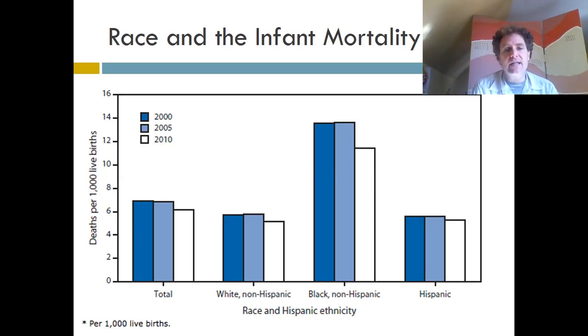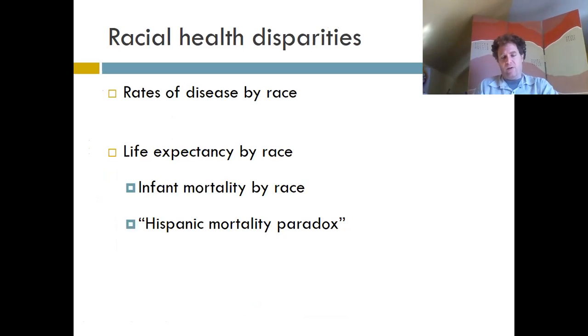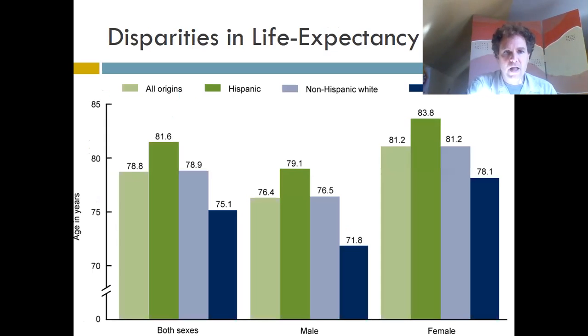Again, we can look a bit at Hispanic Americans, and we can see that their infant mortality rate is actually similar to white Americans and the average. And this idea, what I want to talk about briefly now, is what's called the Hispanic mortality paradox. It's a paradox because it is not explained. Researchers are unsure why it happens, right?